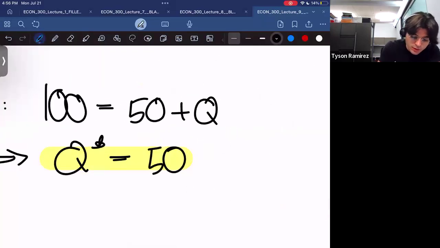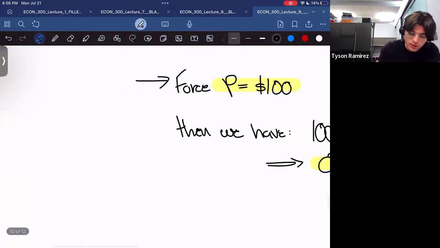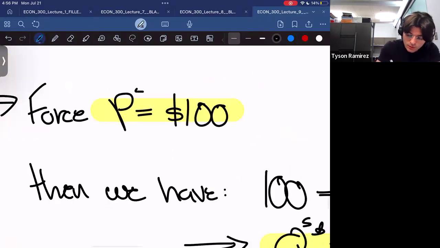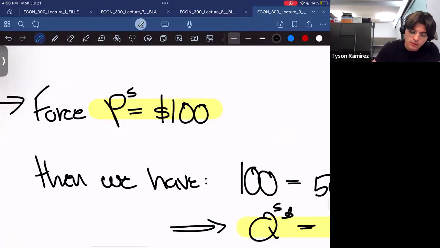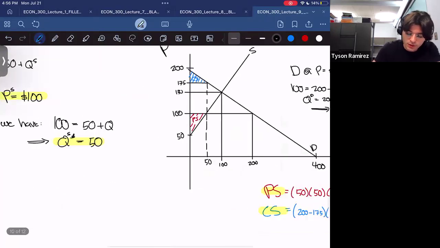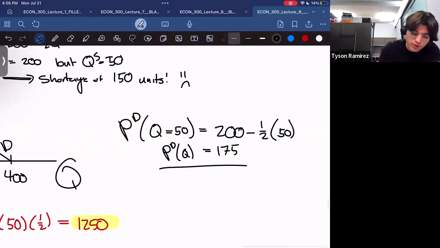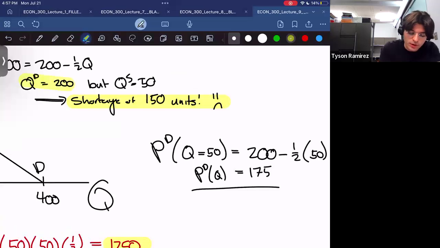This is the quantity supplied. When we force the sellers to sell for P equals 100, we know that this is going to create a shortage, because at a price of 100, there's a quantity demanded of 200, but a quantity supplied of only 50.